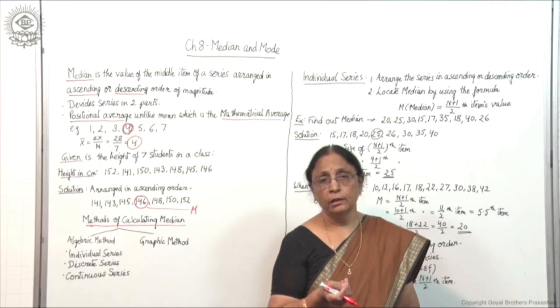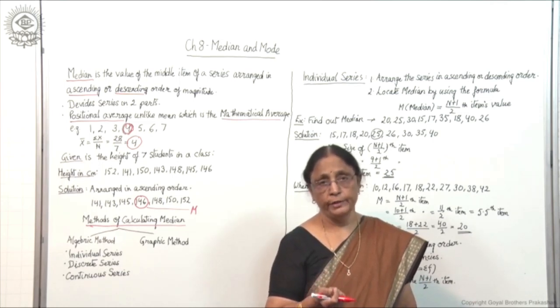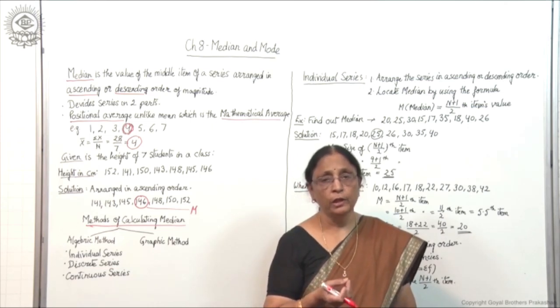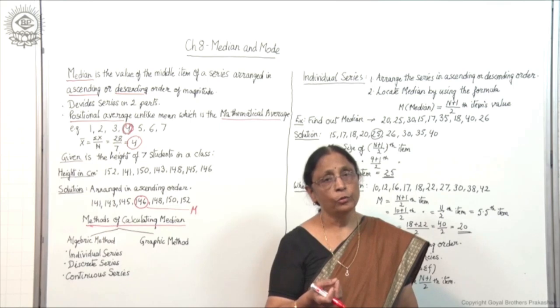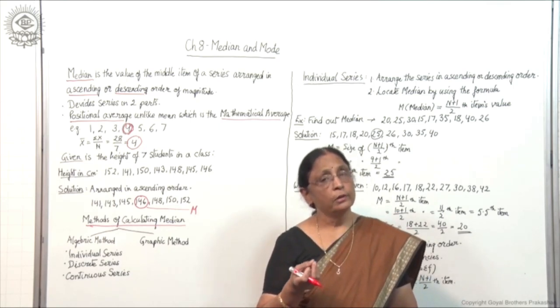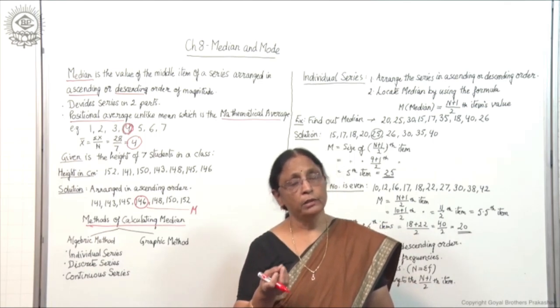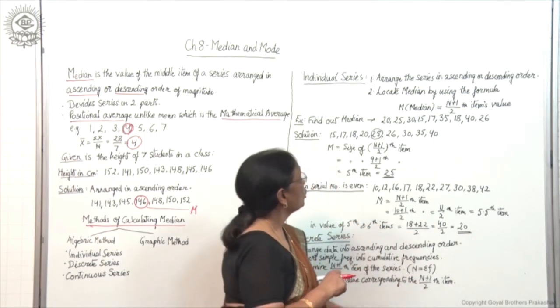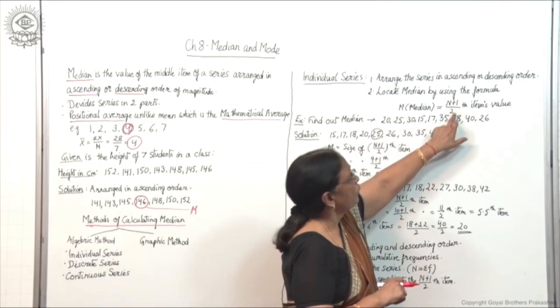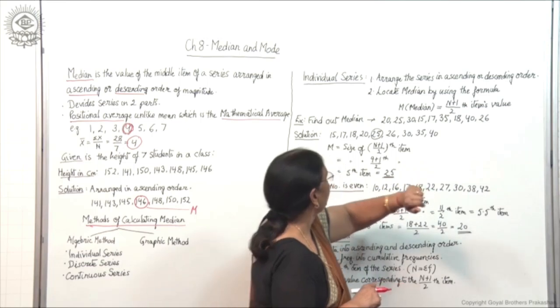N is the total of frequency or total number of items. But here in this case frequency is not given, so n means only total number of items, whereas in the case of discrete series n will be sigma f. So here median is (n plus 1) upon 2 th item's value.